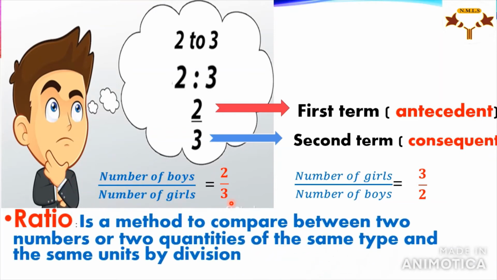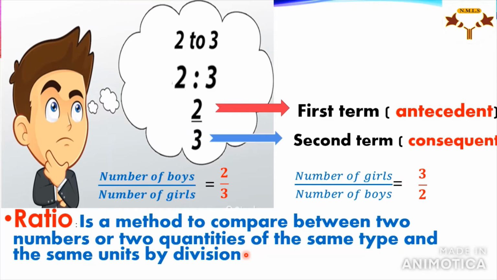So now we can define the ratio. Ratio is the method to compare between 2 numbers or 2 quantities of the same type and the same units by division. We compare the number of boys and the number of girls. I cannot compare the number of boys and the length of boys, because in this case I will have 2 different units.